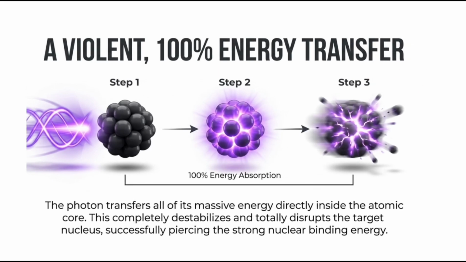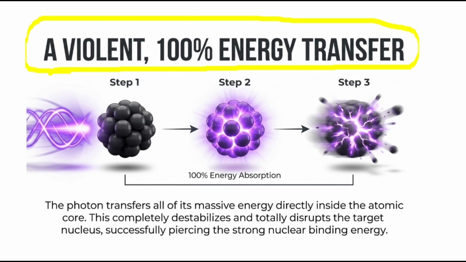Let us understand the sequence of this interaction again. This is how this type of interaction looks like. We can call it a violent 100% energy transfer. The incoming extremely high energy photon approaches the heavy target nucleus.